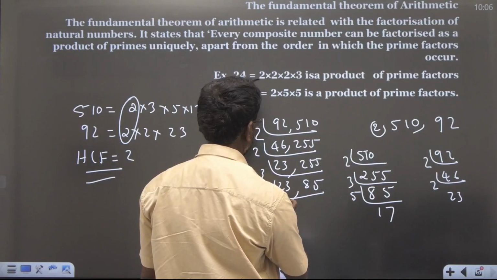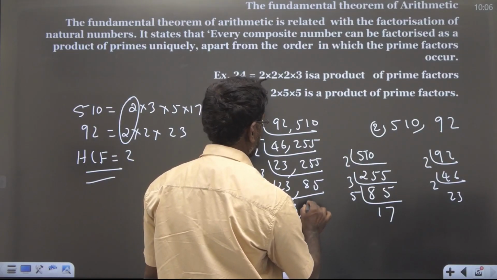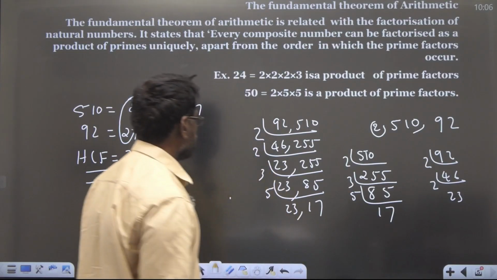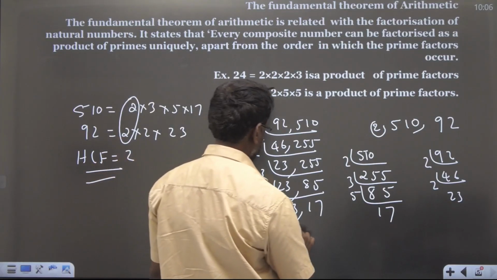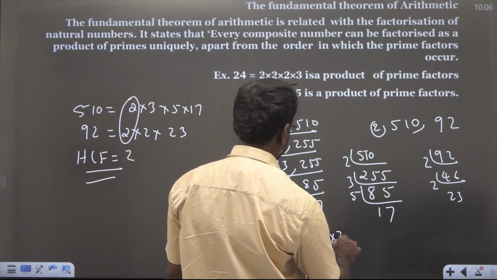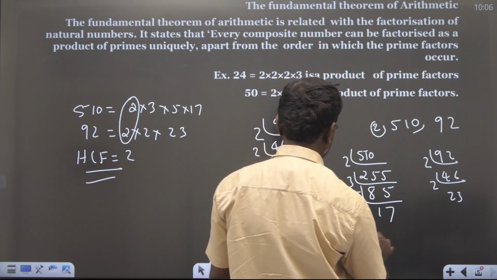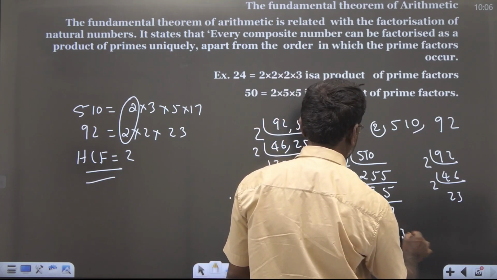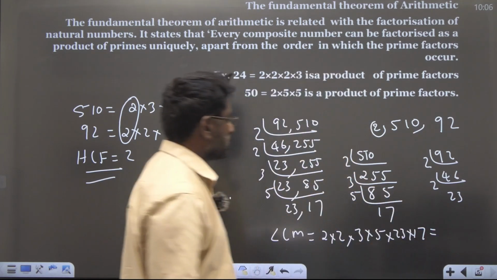Again with 5, 23 and 17. So LCM is equal to 2 into 2 into 3 into 5 into 23 into 17.